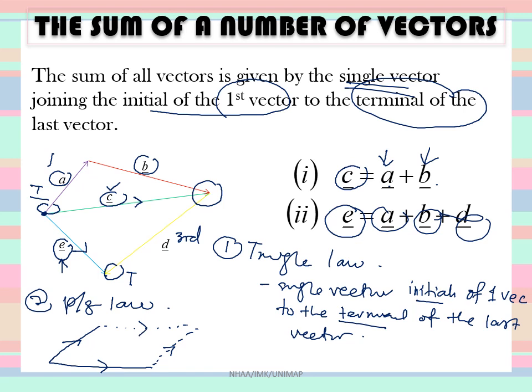In a parallelogram, the summation of vectors is always done by joining the initial with the initial, and the resulting vector, the single vector produced from the summation of two vectors, since the parallelogram law can only be applied to two vectors, is the diagonal of the two vectors. So the single vector is always here, in between the two vectors that we sum. All right, so that's it.